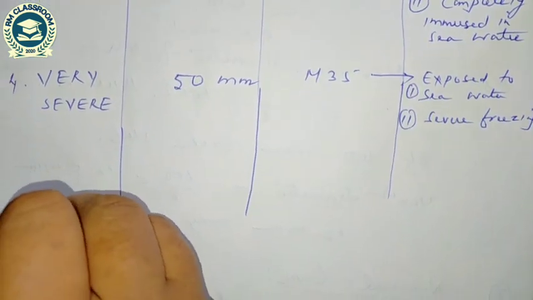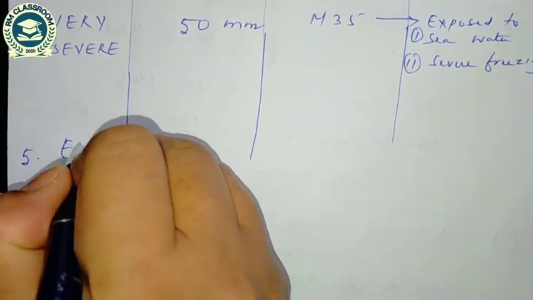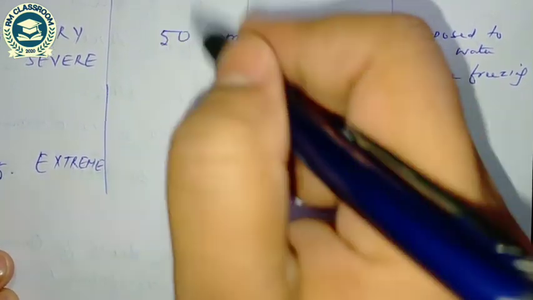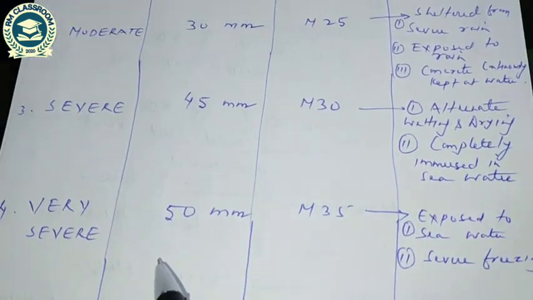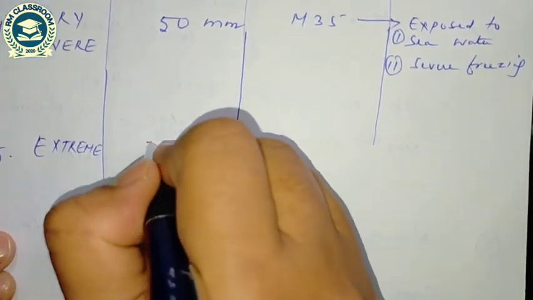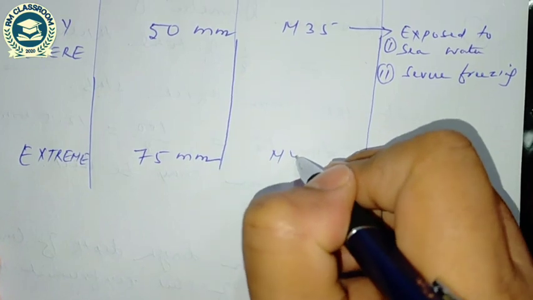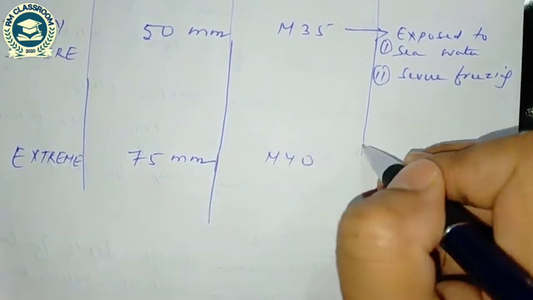Similarly, the last exposure condition is extreme. This is very important from the examination point of view. In extreme, the minimum nominal cover is 75 mm and the grade of concrete is M40.